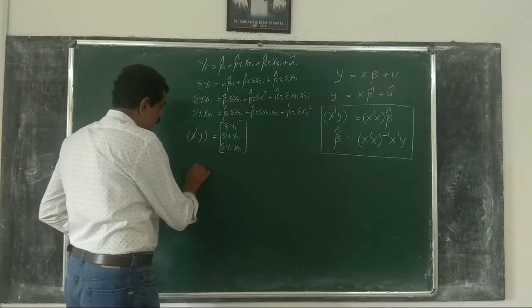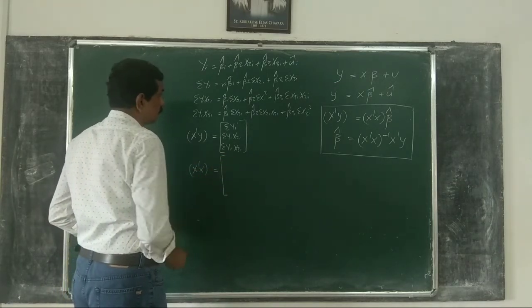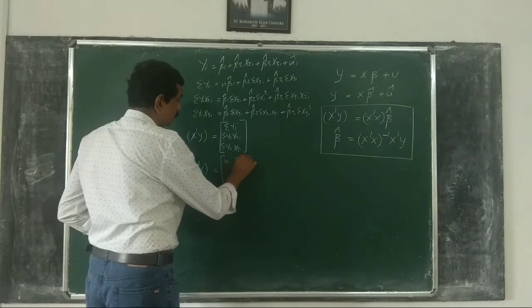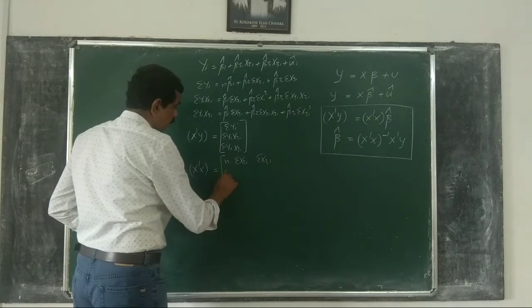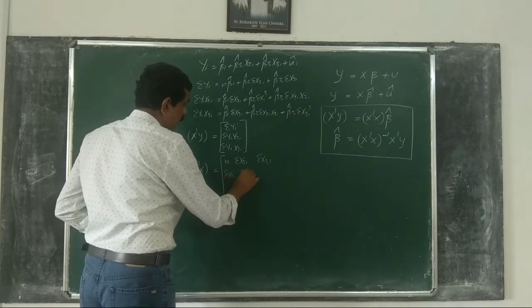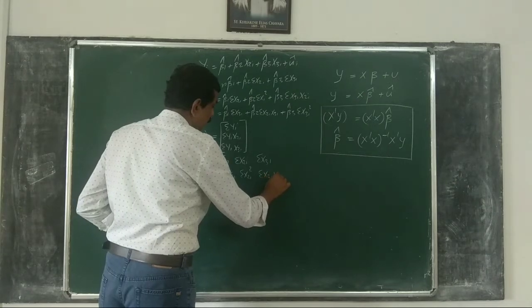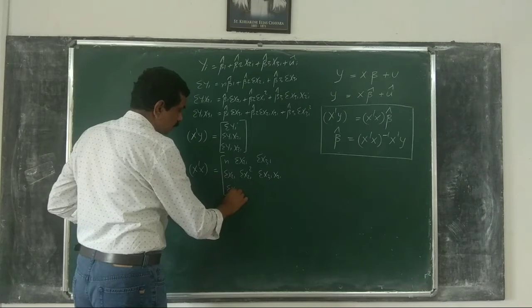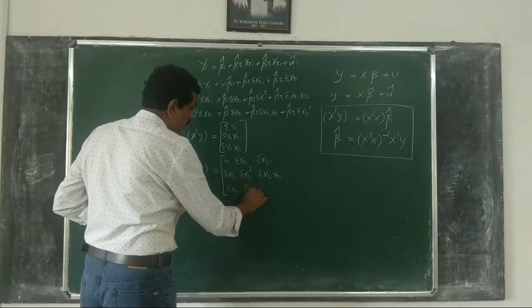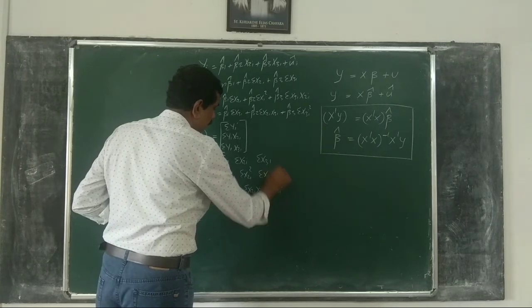Now X transpose X is a 3 by 3 matrix: n, sigma X2i, sigma X3i; sigma X2i, sigma X2i square, sigma X3i X2i; sigma X3i, sigma X2i X3i, sigma X3i square.